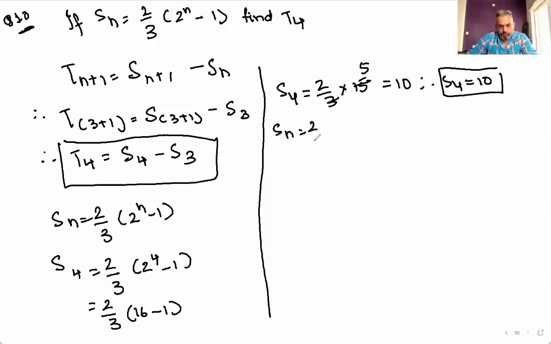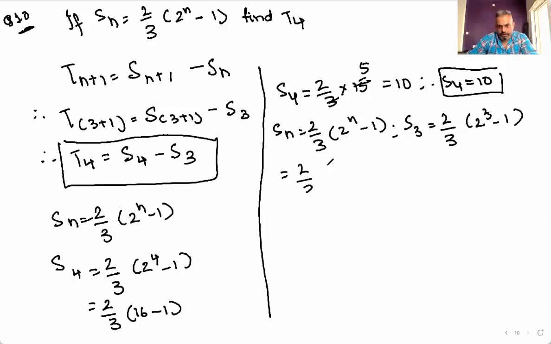Sn is equal to 2 by 3 into 2 raised to n minus 1. So S3 is equal to 2 by 3 into 2 raised to 3 minus 1, which is equal to 2 by 3 into 2 raised to 3 is 2 into 2 into 2, 8 minus 1, which is equal to 2 by 3 into 7, which is equal to 14 by 3.